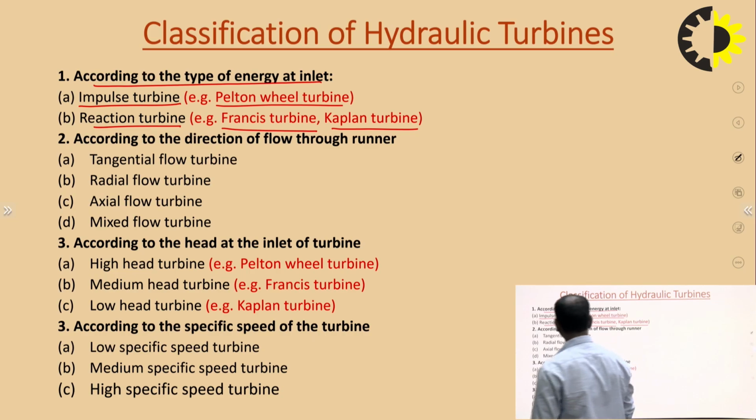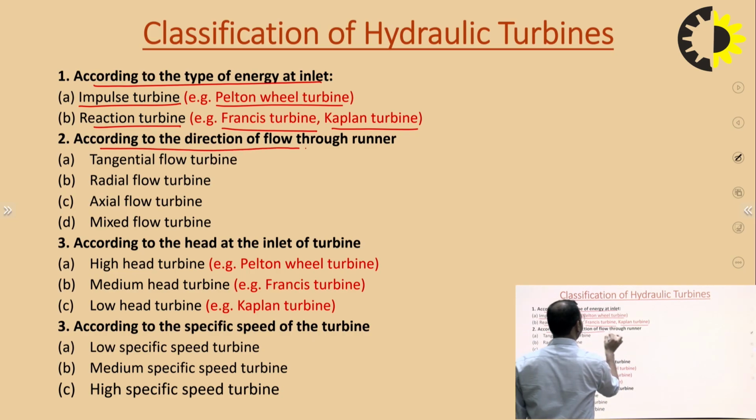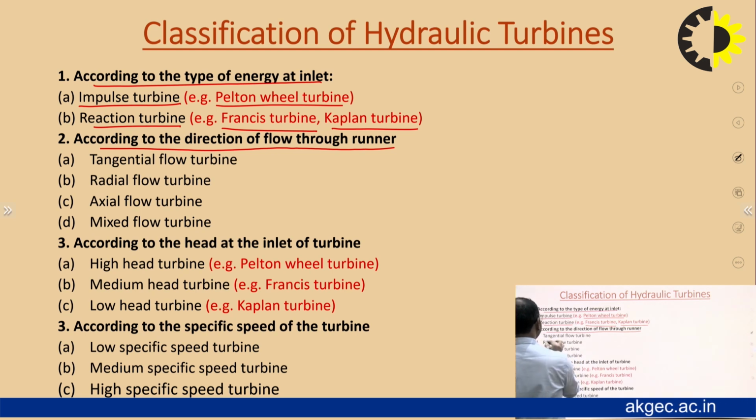The second classification of hydraulic turbine is according to the direction of flow through the runner. According to that, turbines are classified into tangential flow turbine, radial flow turbine, axial flow turbine and mixed flow turbine.